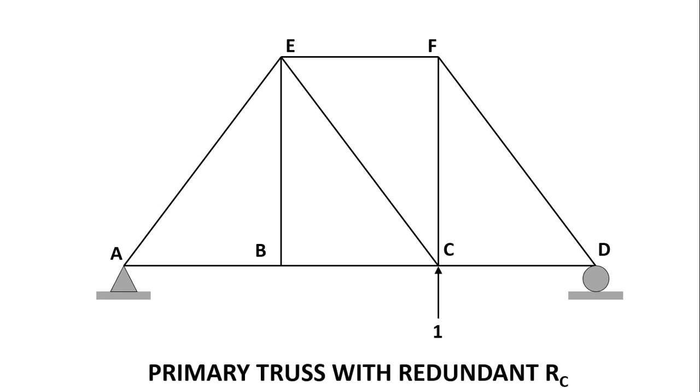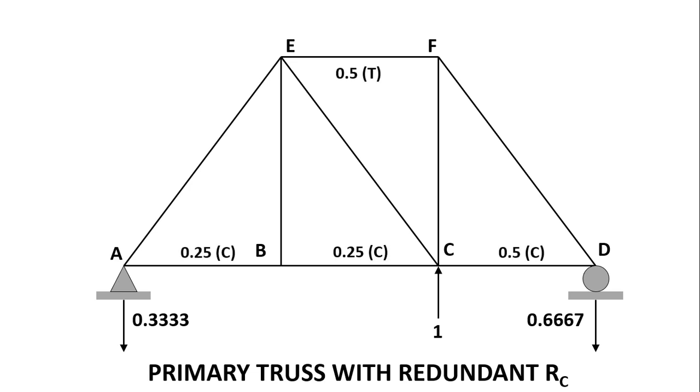Next, we have this primary truss again, but we need to apply the redundant RC na tinanggal natin. Okay. So, ito po yung mga reaction. So, naglagay tayo ng unit load 1 for simplicity. Ito yung reaction natin. And then, kukunin natin yung mga bar forces or member forces.